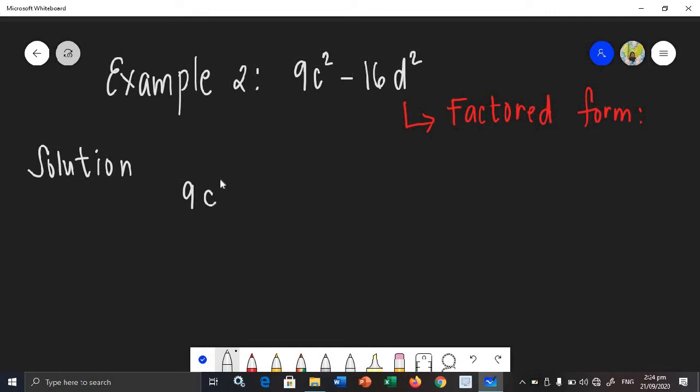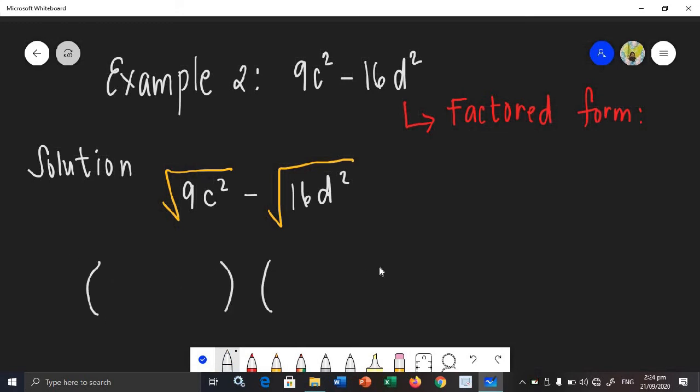Let's rewrite the given. And then, let's get the square root of each term. So, positive, negative. So, what is the square root of 9? That is 3. What is the square root of c squared? That is c. Okay, so 3c and 3c.